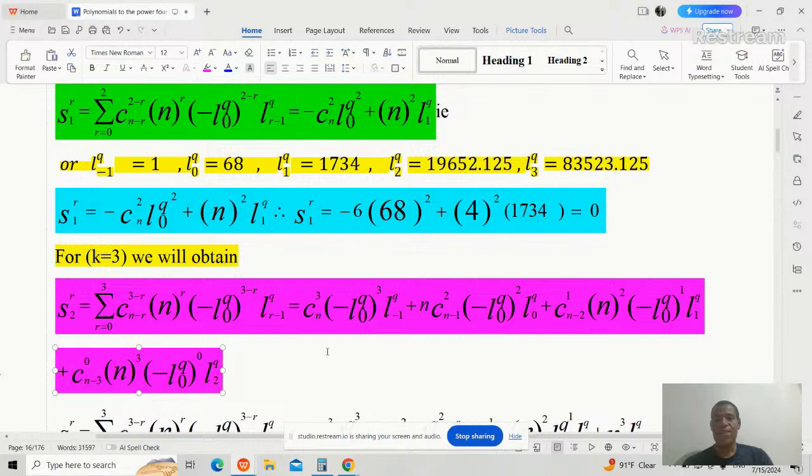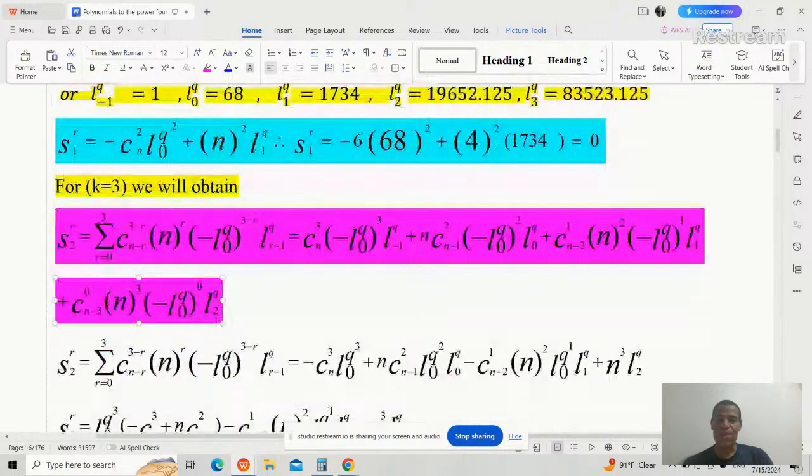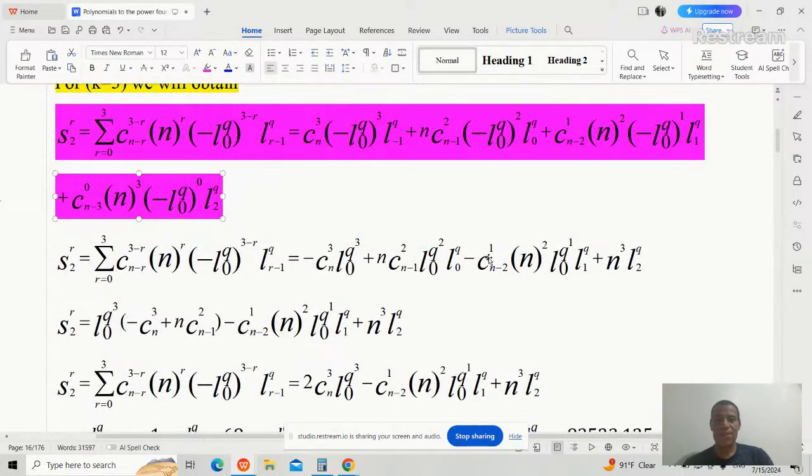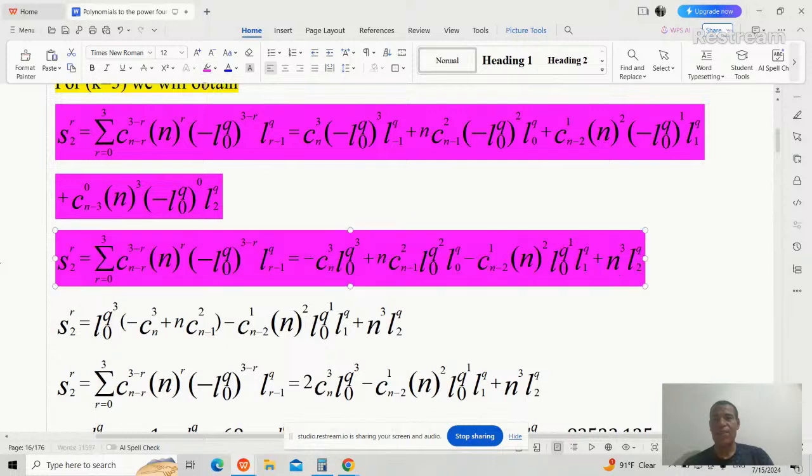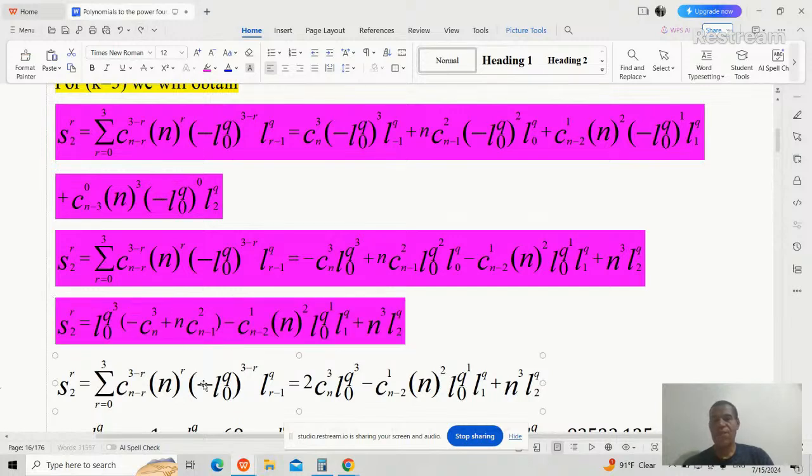After expanding this formula, we'll obtain the last one, which I would write like that first. You can note, learners, that when r equals 0 and r equals 1, there is a common factor, meaning L0 of the q raised to the power 3 is the common factor.